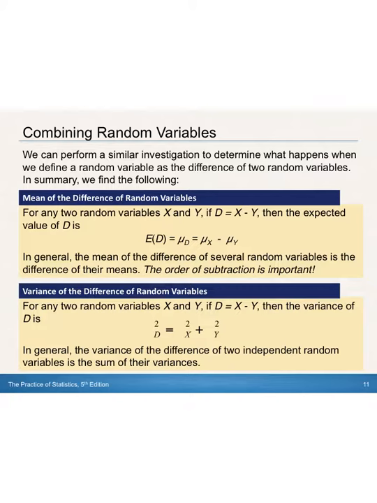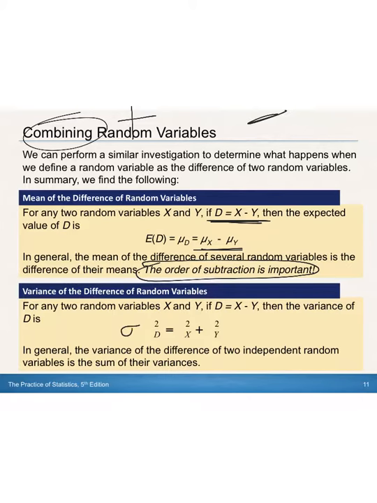So we just talked about combining, adding, but you could also subtract random variables. There might be a reason to do that. And if you're subtracting the random variables, then their means are subtracted. And once again, to combine or subtract means, you can do it even if they're not independent. But of course, the order of subtraction is important.